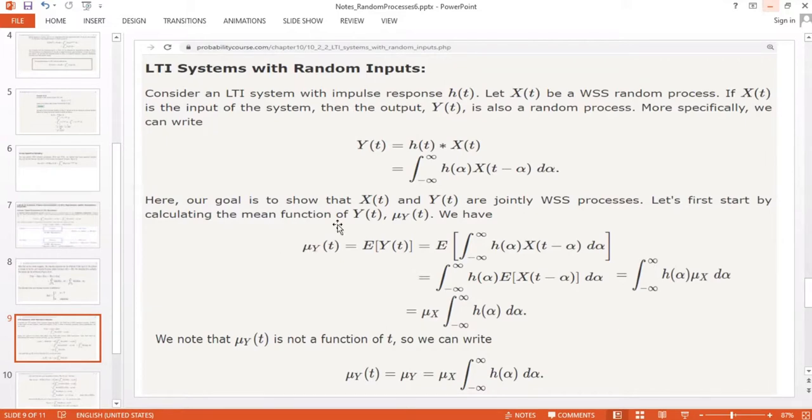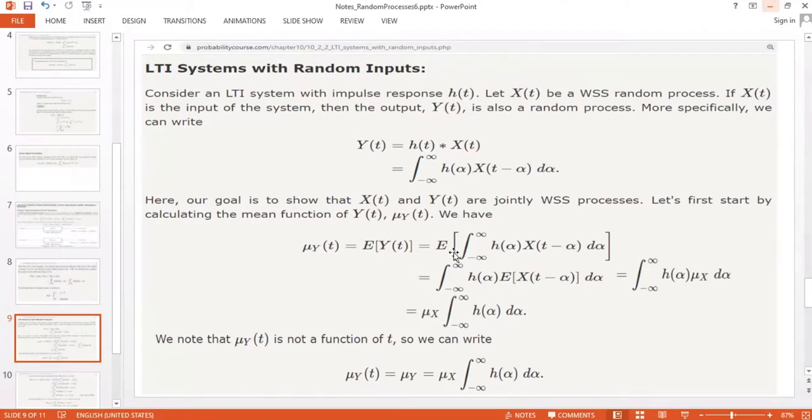You know that for any process y(t), the mean function is defined as the expectation of y(t). Then we substitute the value of y(t), which is the integral from minus infinity to plus infinity of h(alpha) x(t minus alpha) d alpha.